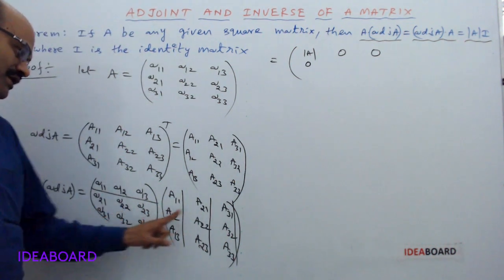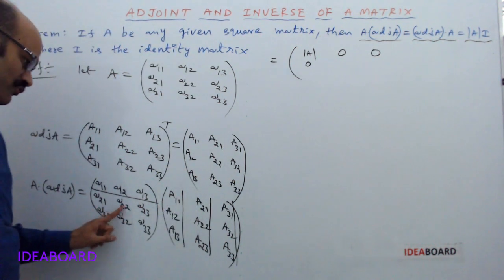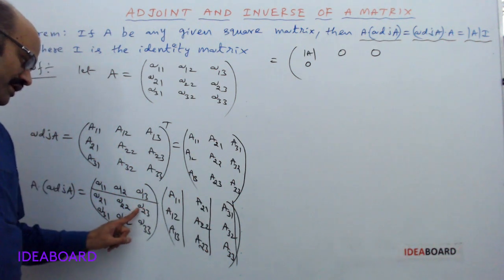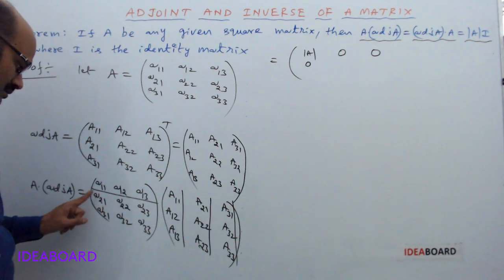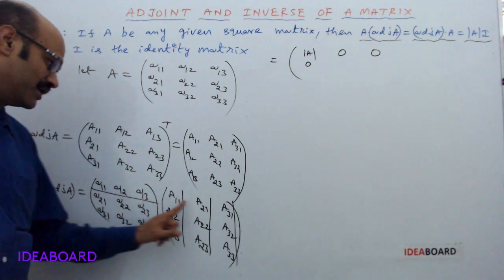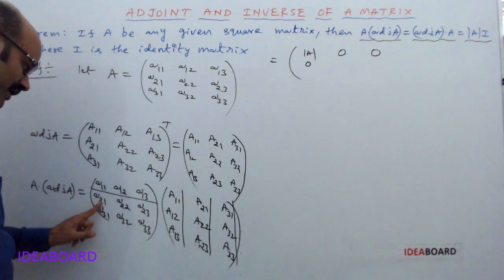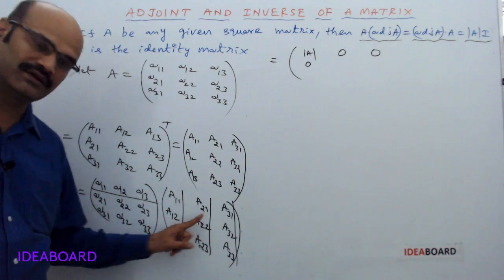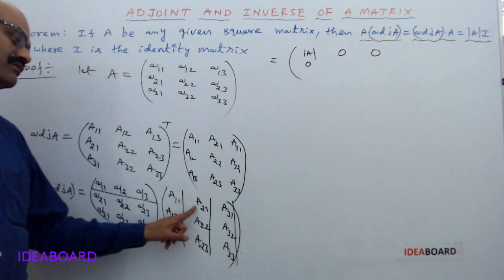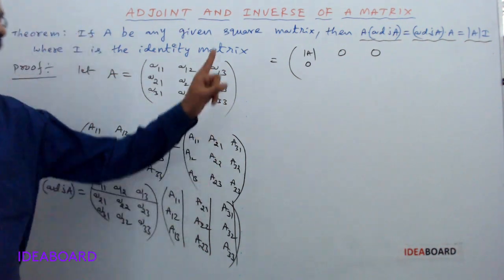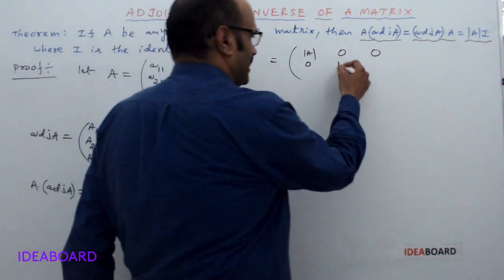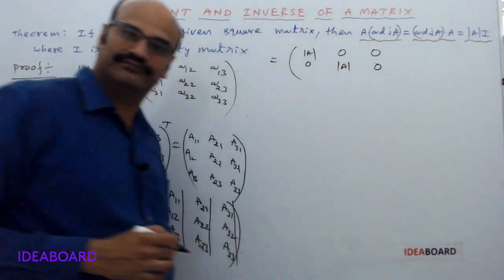Next, a21 into capital A21, a22 into A22, a23 into A23. You are multiplying only with the corresponding cofactors. The cofactor of a21 is capital A21. When you multiply with the corresponding cofactors and add, we always get det A, otherwise 0.